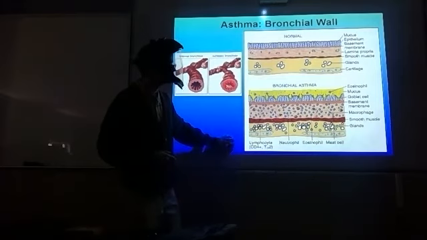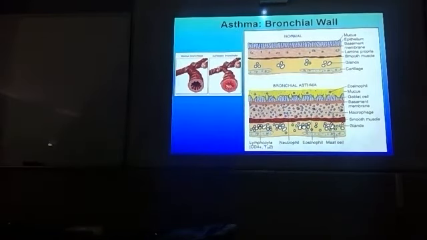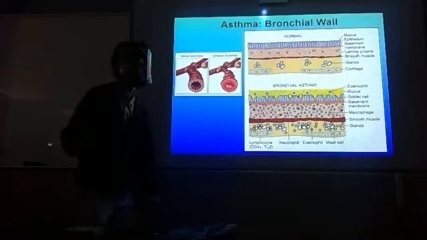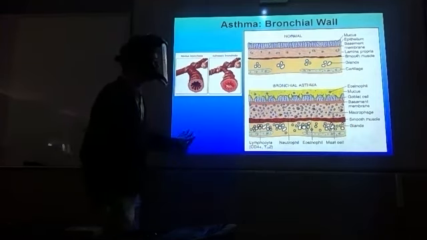This stuff makes up the mucopurulent plugs that you see in the airways of asthmatics. Asthmatics typically have parts of their lungs become atelectatic as a result of mucopurulent plugs developing in the airways. It's usually not a big problem, but they do have some segments of their lungs remarkable for atelectasis.